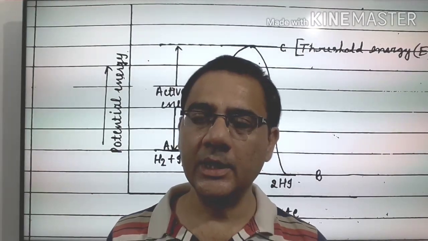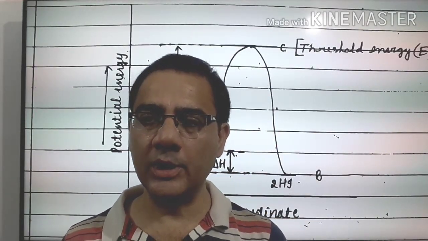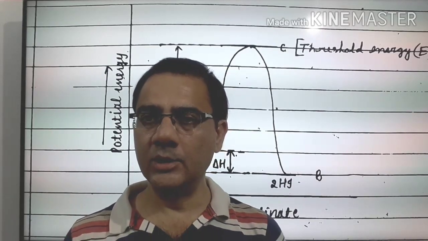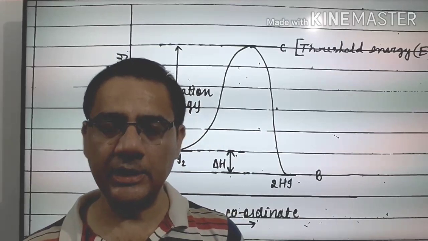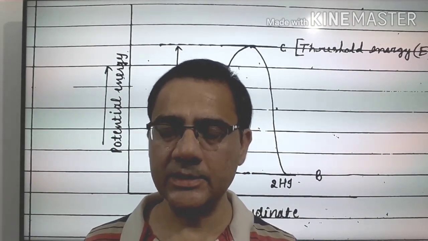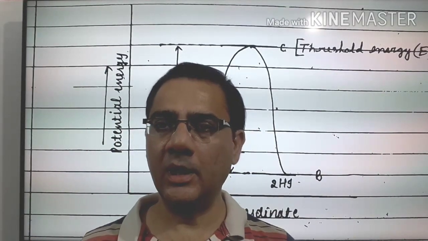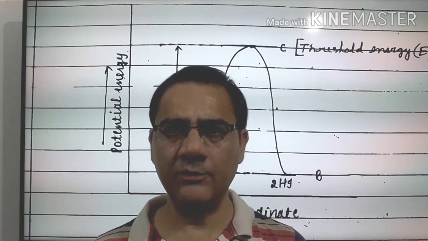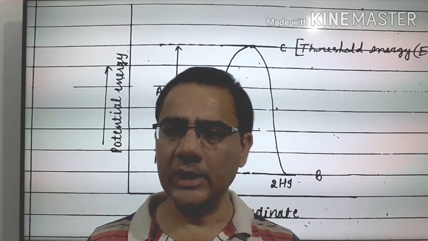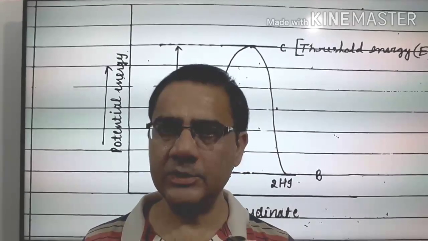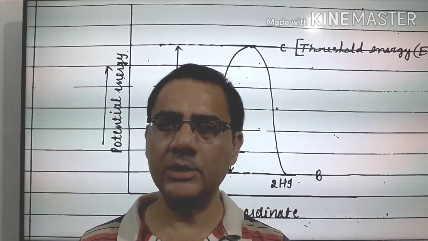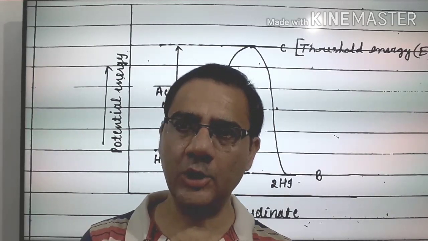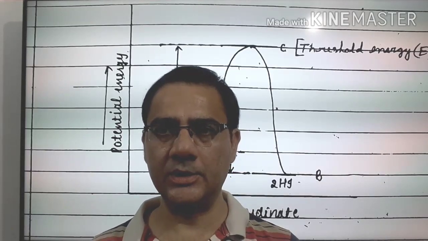But unfortunately, these reacting molecules do not have that much energy to react. तो ऐसे में हम लोग क्या करते हैं, those reacting molecules which are not reacting at all because the energy is very less, we supply the energy from the outside, either in the form of chemical energy, heat energy, or any other energy. So that extra amount of energy which is to be supplied to the reacting molecules to make the energy level equal to threshold energy from their normal energy is called activation energy.